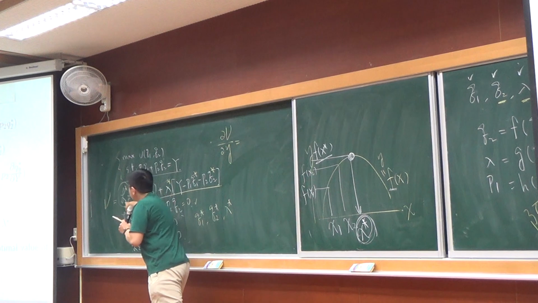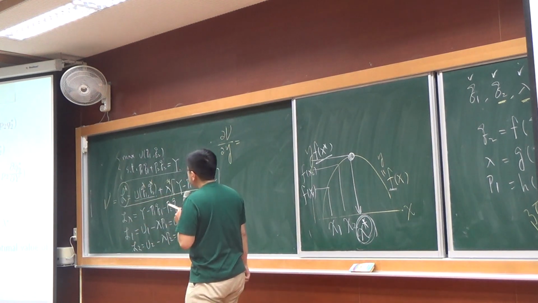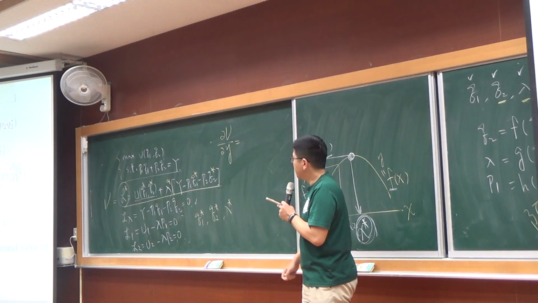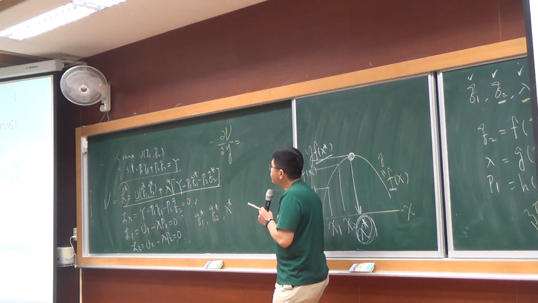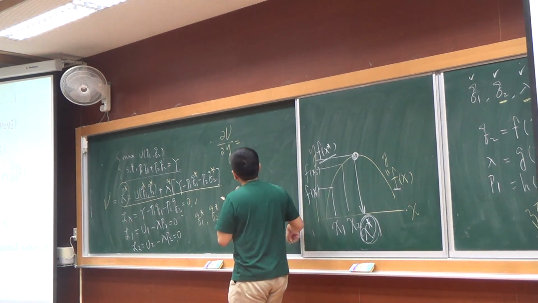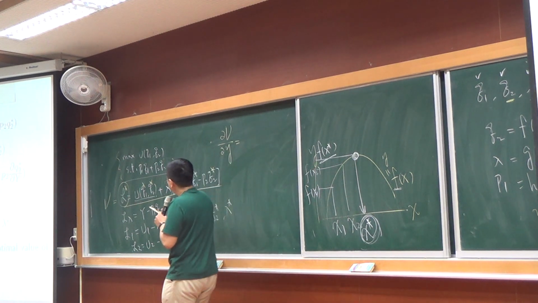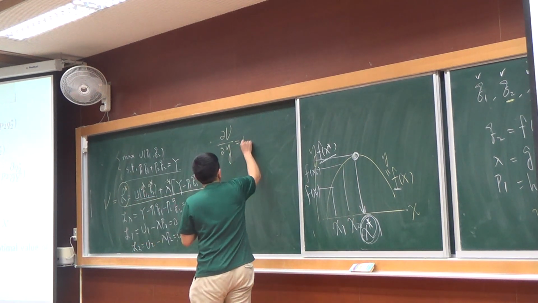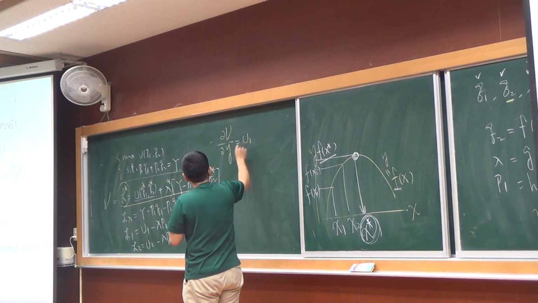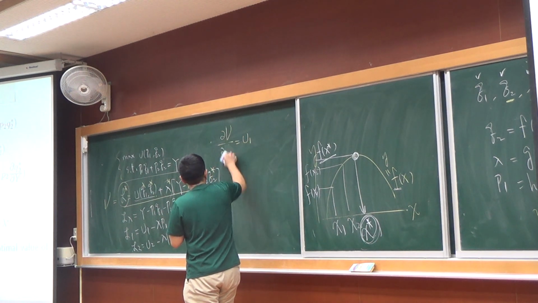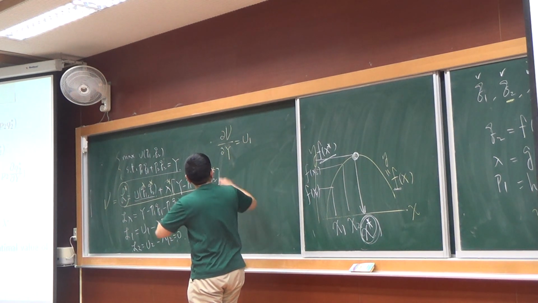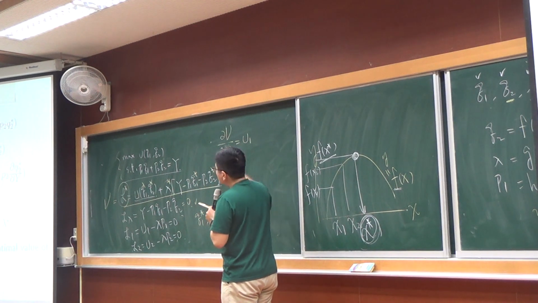Nu is actually the stationary value of the Lagrangian. So partial nu, partial y would have something like u1.